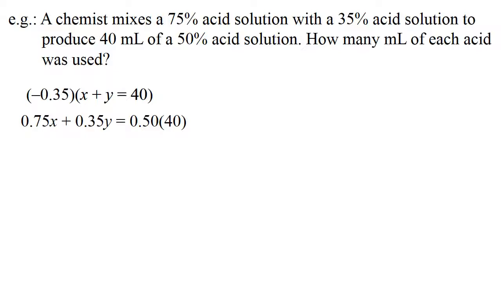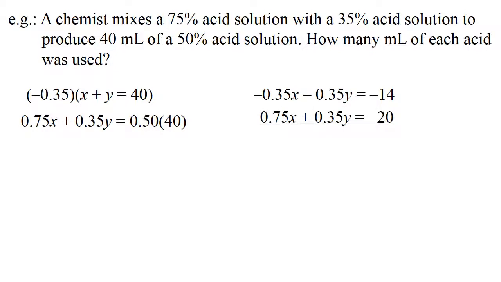So rewriting this, distribute that, times the X, times the Y, times the 40, gives me this new equation. And then I'm going to move this other one over, and I'm going to go ahead and multiply 40 times 0.5, so 20, and I'm going to add. 0.4X equals 6. Notice my Y's canceled out. Divide both sides by 0.4, and I get X equals 15.